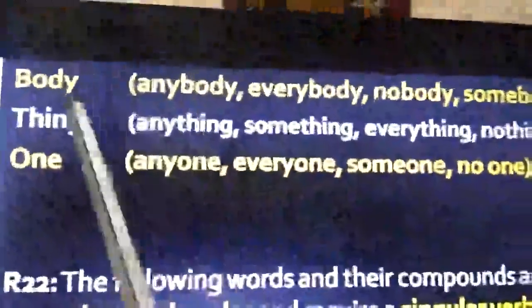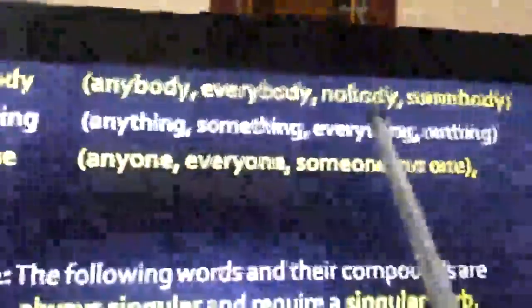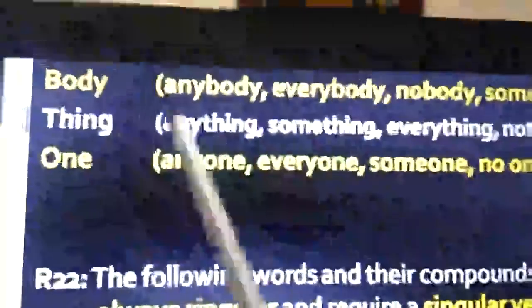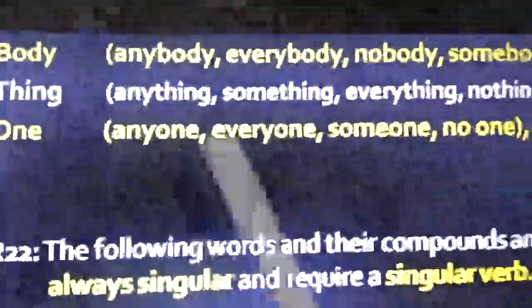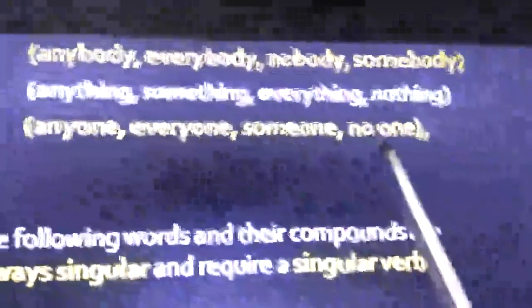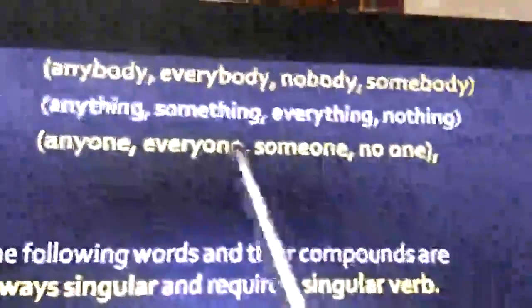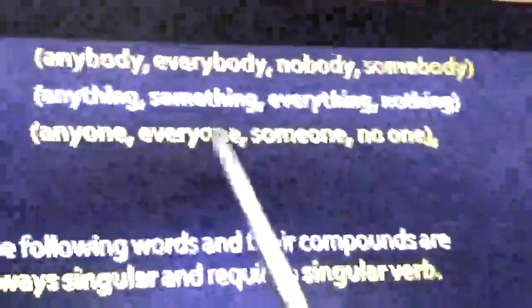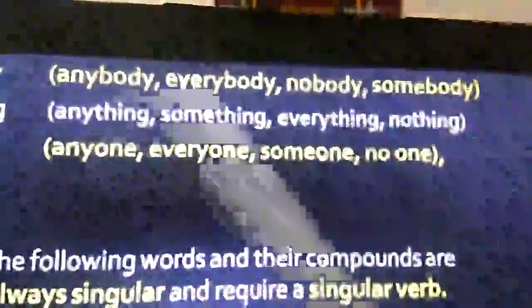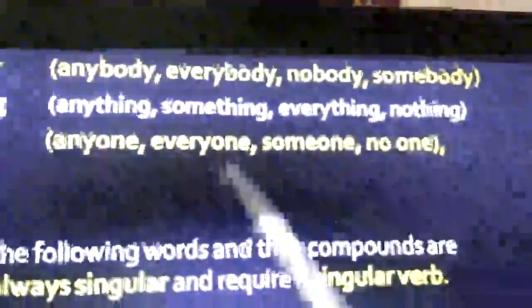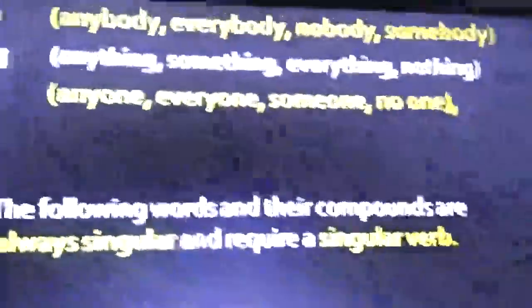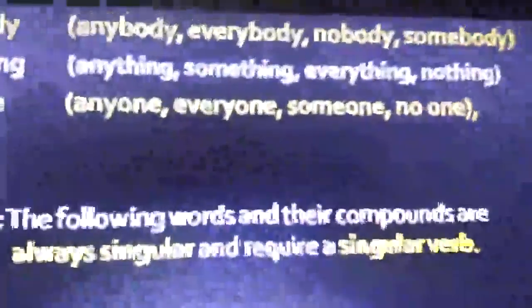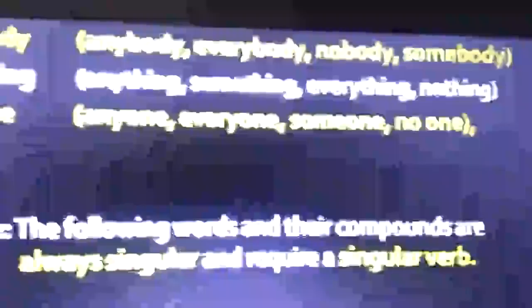See some constructions with body like anybody, everybody, nobody, somebody, or things, anything, something, everything, nothing, and one. With one also we construct some compound words: anyone, everyone, someone, no one. If you get such compound words in a sentence, they are always singular and require a singular verb.